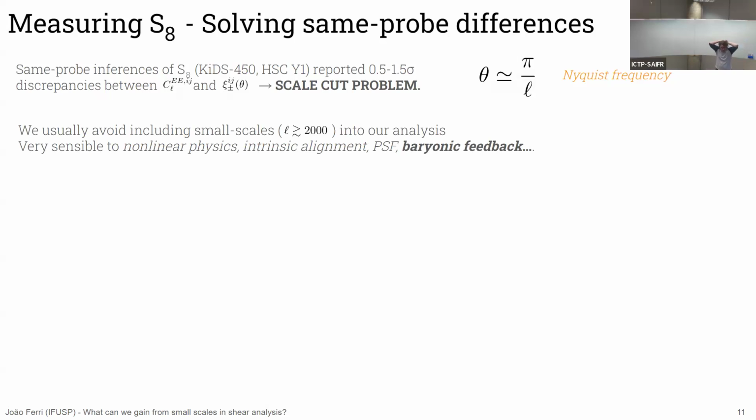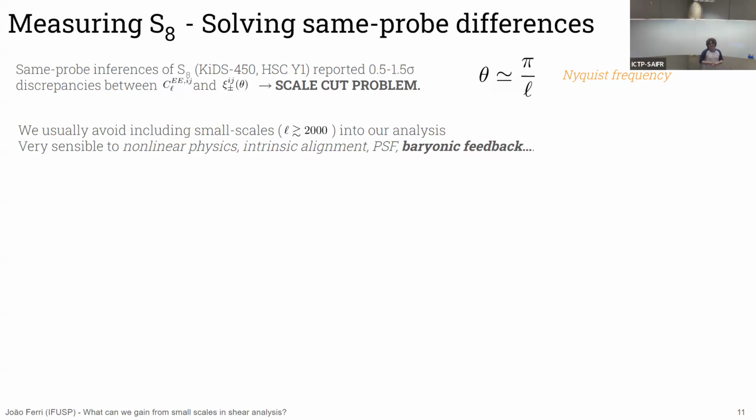When you're doing analysis in galaxy shear, usually you want to cut your data at some point at which you don't trust your model anymore, so something around multipole 2000. Above this multipole, some nonlinearities start going on, such as intrinsic alignment, PSF, which is just the distortion of your camera, and baryonic feedback, which I'll talk more about later.